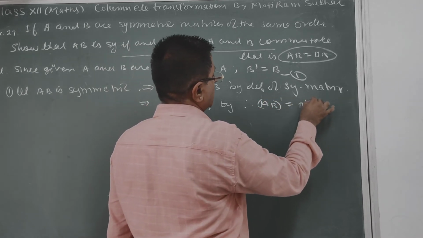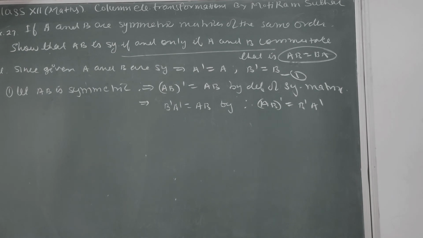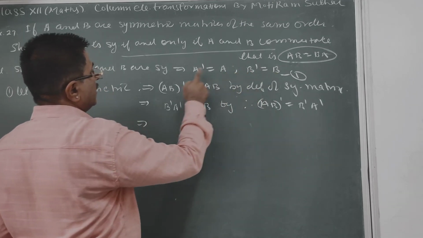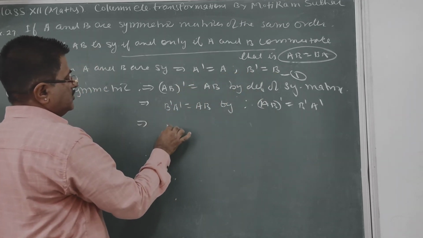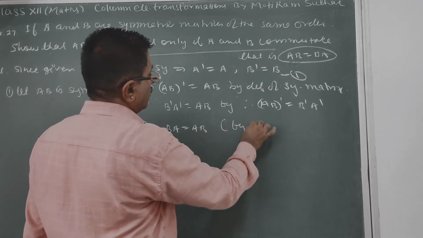That is equal to B transpose A transpose. Using this formula, AB whole transpose equal to B transpose A transpose. Clear? Also we can write B transpose as B, A transpose as A. So this is B into A, which is equal to AB by 1.